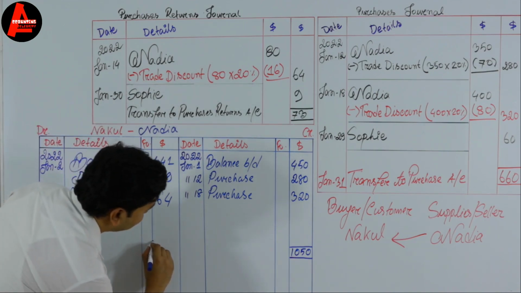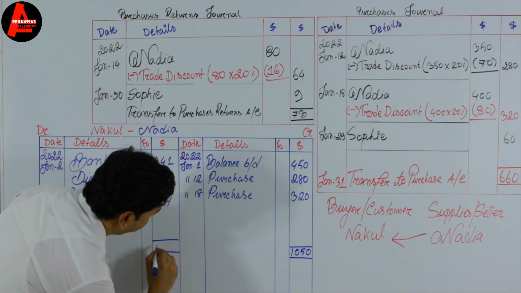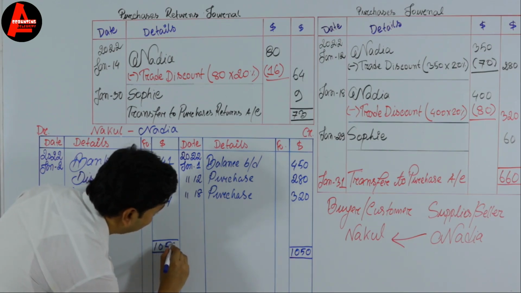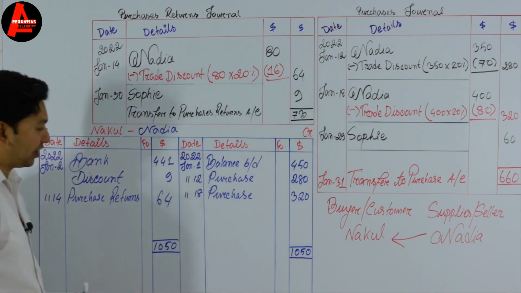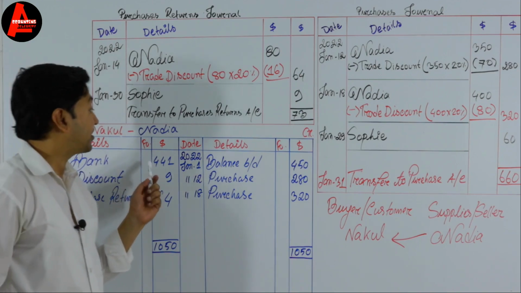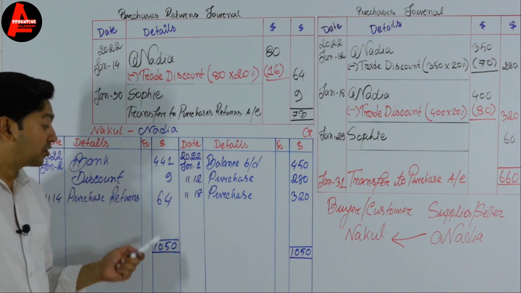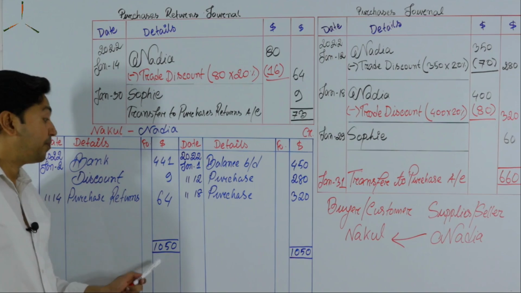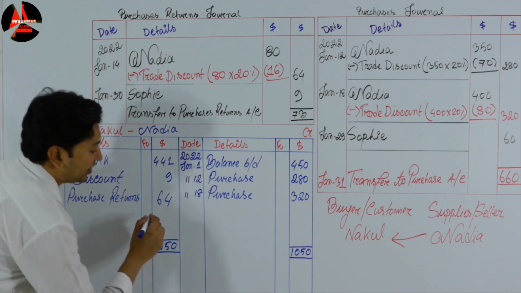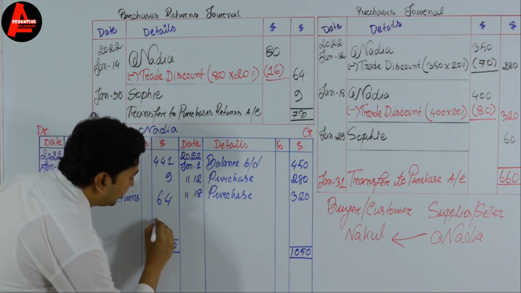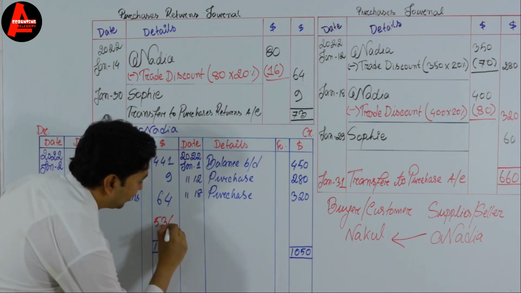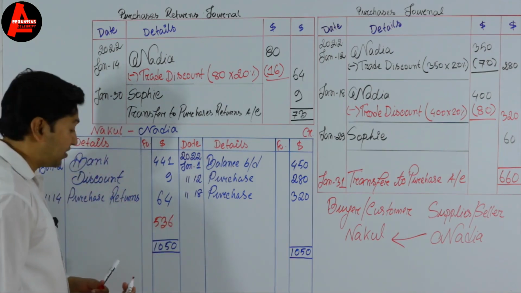So let us take $1,050 on the debit side, at the same level, don't forget. Now we will subtract all these amounts from the totals. If we subtract, we get $536. This is the balancing figure.